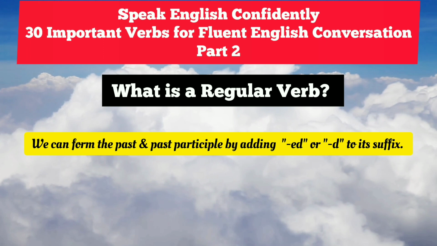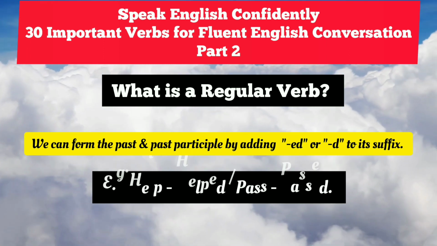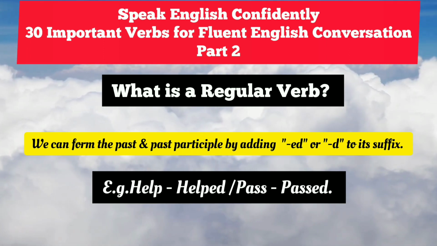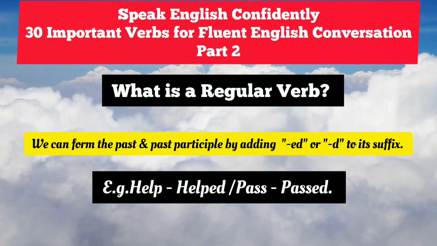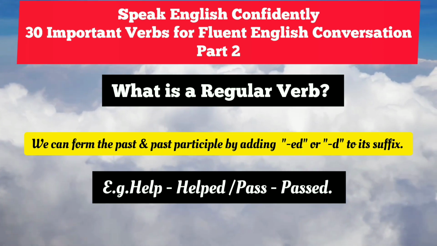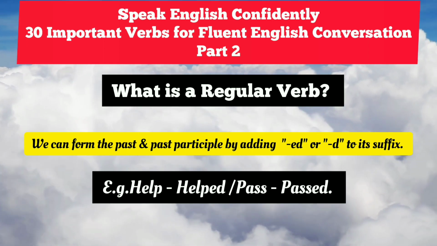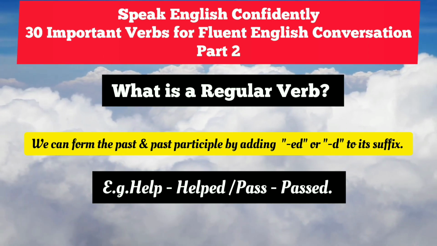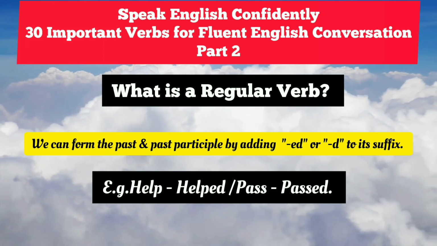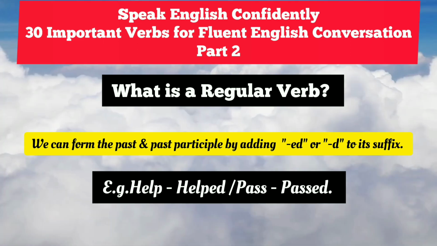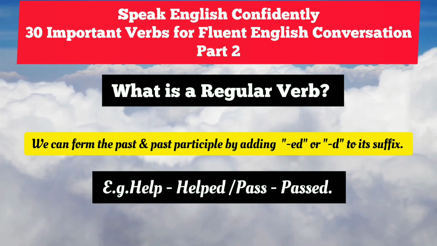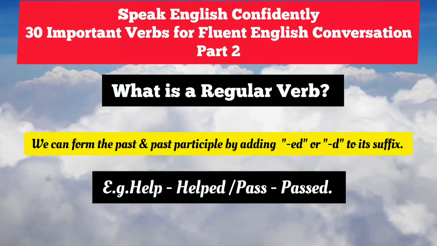So I hope it's clear. It's just the opposite of the previous one, where we cannot form the past by adding ed or d to its suffix. So let's move on and let's discuss 15 most important irregular verbs for fluent English conversation.